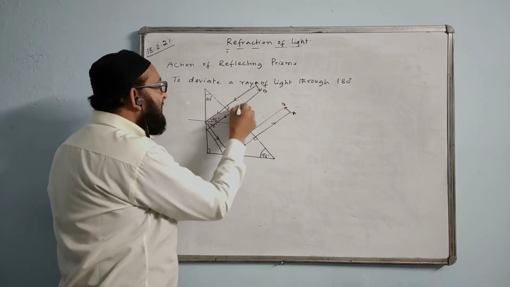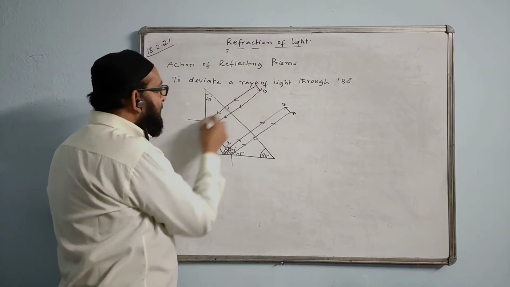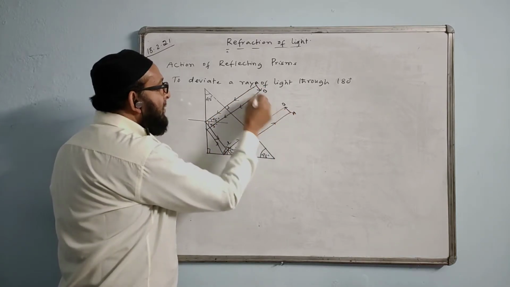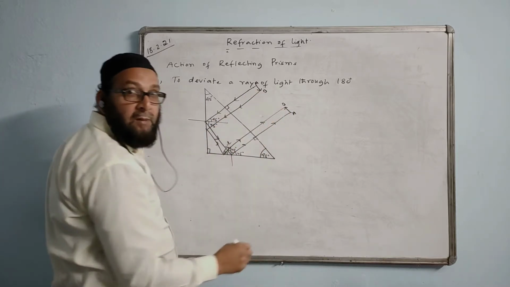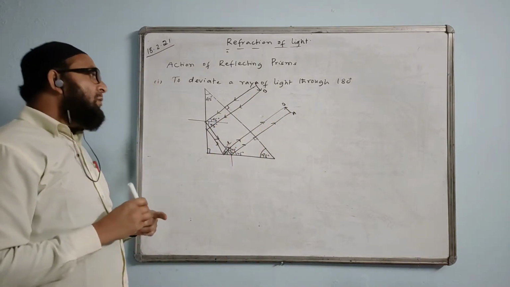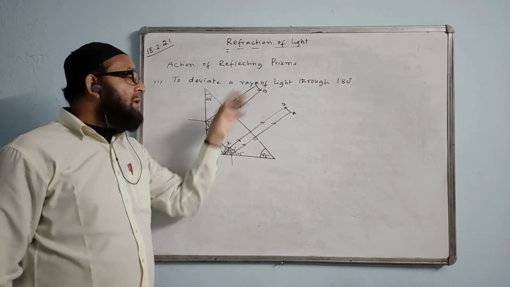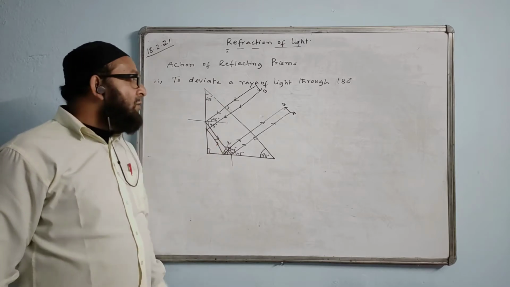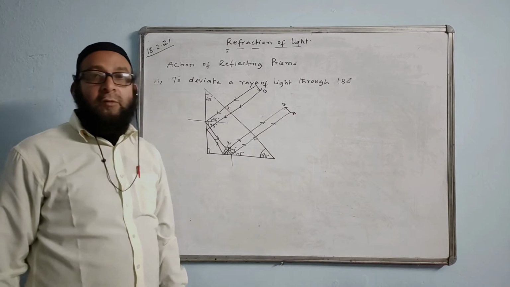From B, the ray will be traveling the same way, the same path it will follow like this. From point A, the ray is reaching here, and from B, which was having the arrow tip, is reaching here. So here is the image formed. So this prism is making the image erect if the object is inverted. So this can also erect the image, but with the deviation through 180 degree.